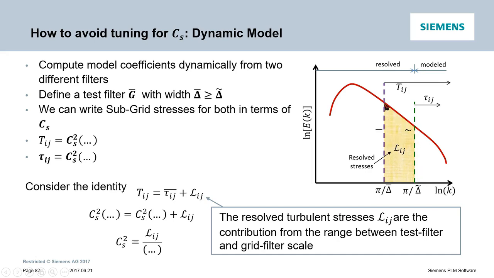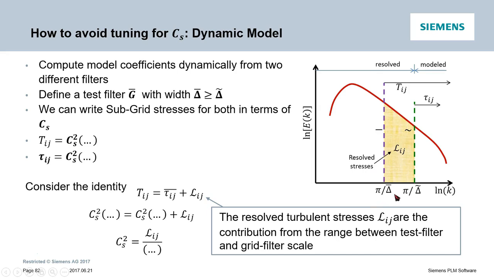So whatever my test filter is actually trying to guess is already available through the LES filter. So that means we can try to calculate CS from this resolved stress.